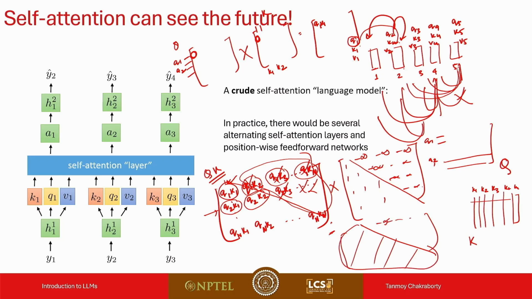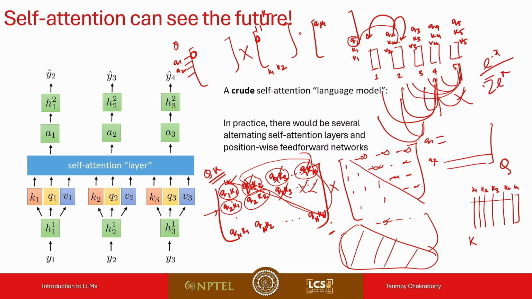Now, why are we doing this minus infinity multiplication? Because remember, these elements are query key dot products, right? After the query key dot product, what is the next operation? Softmax. We need to pass them through softmax, right? And what is the softmax formula? E to the power x.